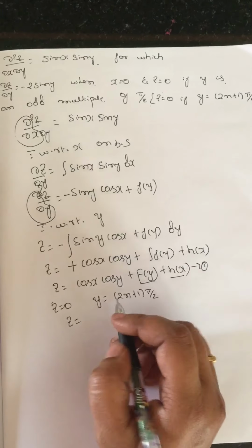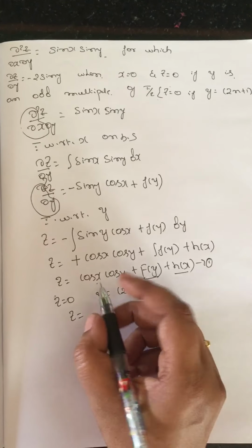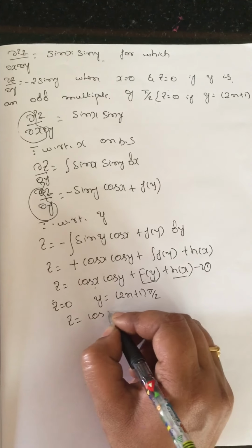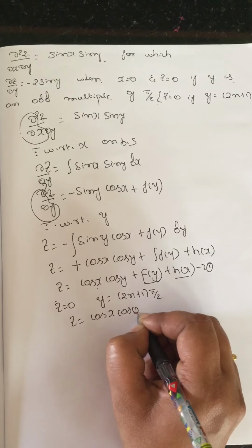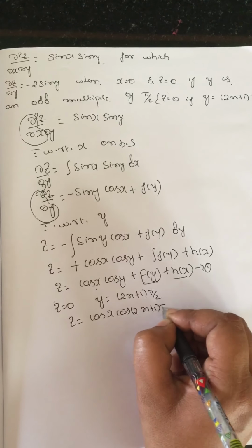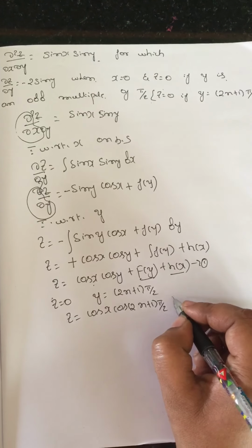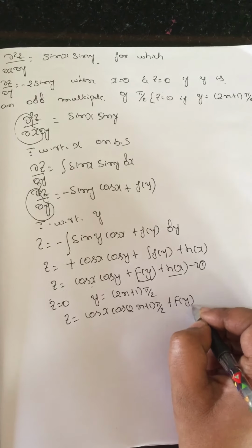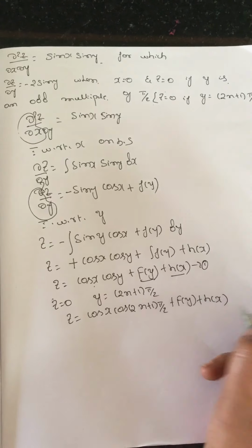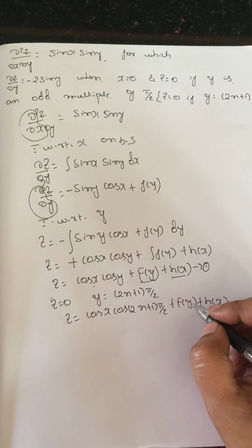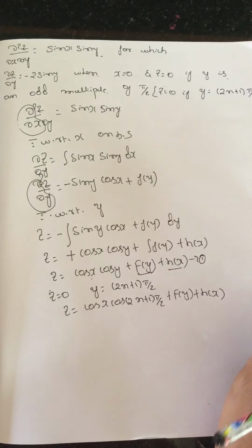Then z is equal to cos x into cos of (2n plus 1) into pi by 2 plus capital F of y plus h of x.